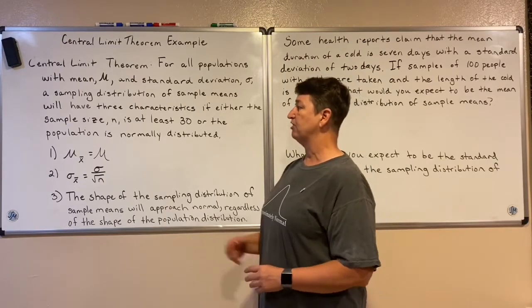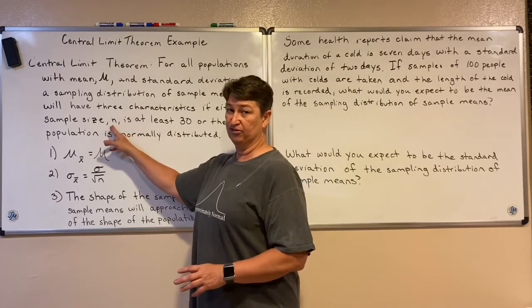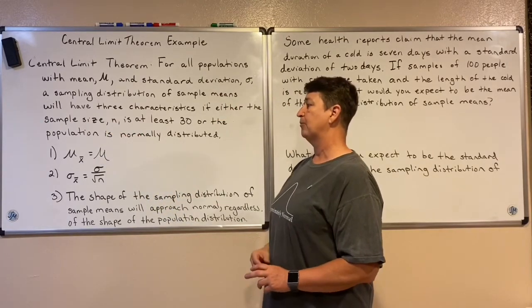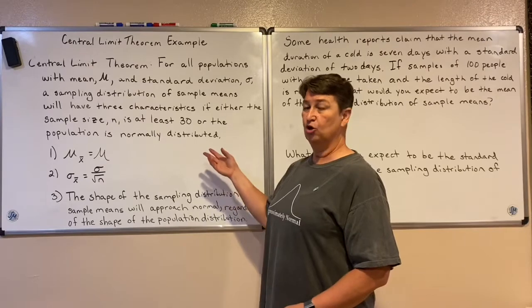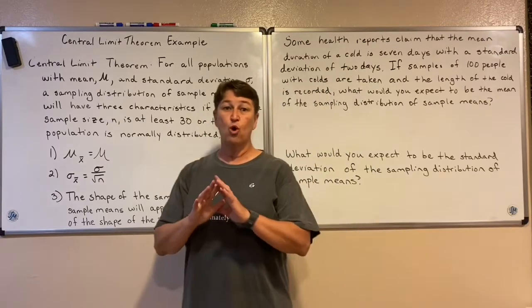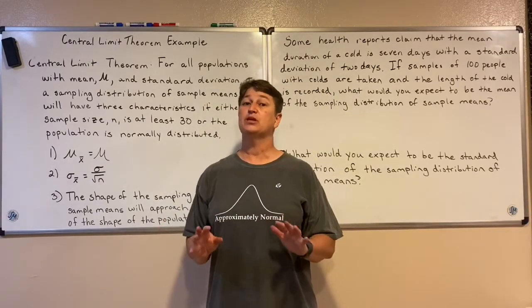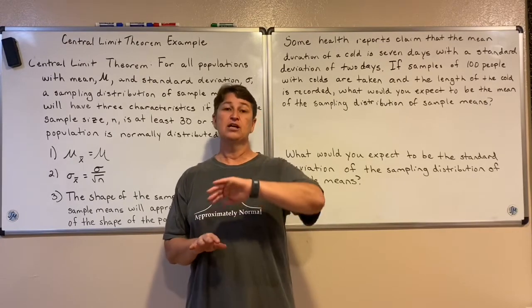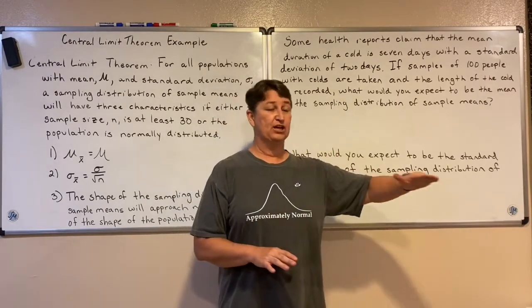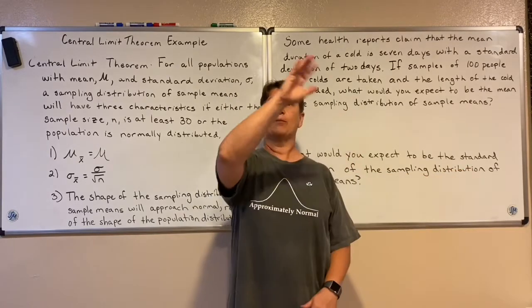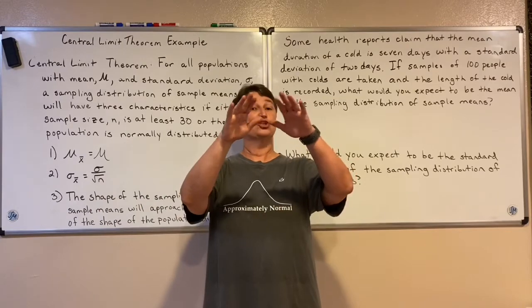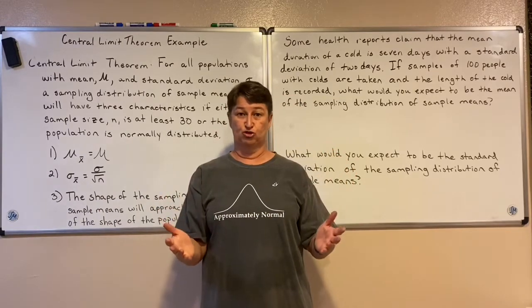If the sample size, where we represent the sample size with the letter n, is at least 30, or the population is normally distributed. So in other words, for whatever shape my population is, that distribution of my population data is, let's say the population data is skewed to the right, or skewed to the left, or maybe my population data has a nice normal distribution.